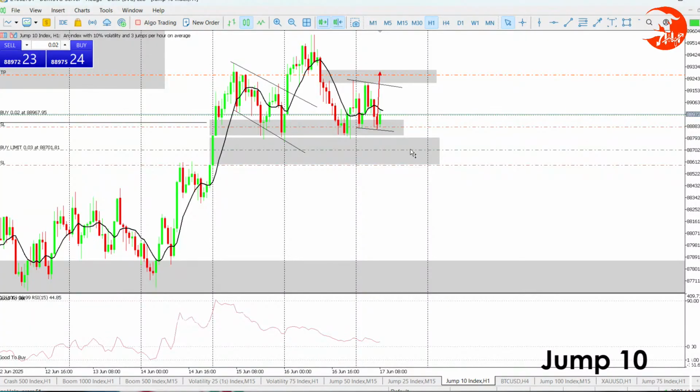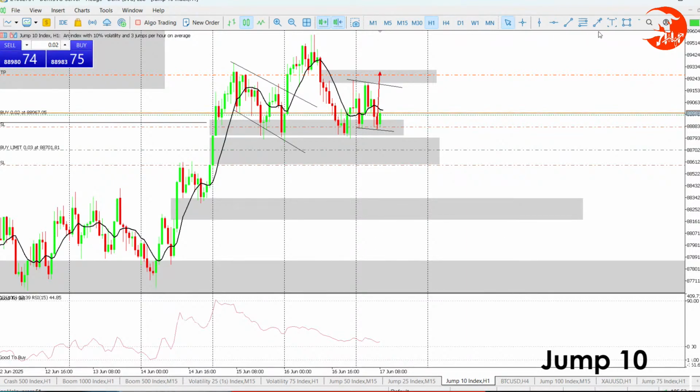I have my limit order waiting for the buys here, but it's likely to actually even go a bit lower according to what I'm seeing right here. This is another point of interest on H1, so it's likely to bring this move right there to take us all the way there.